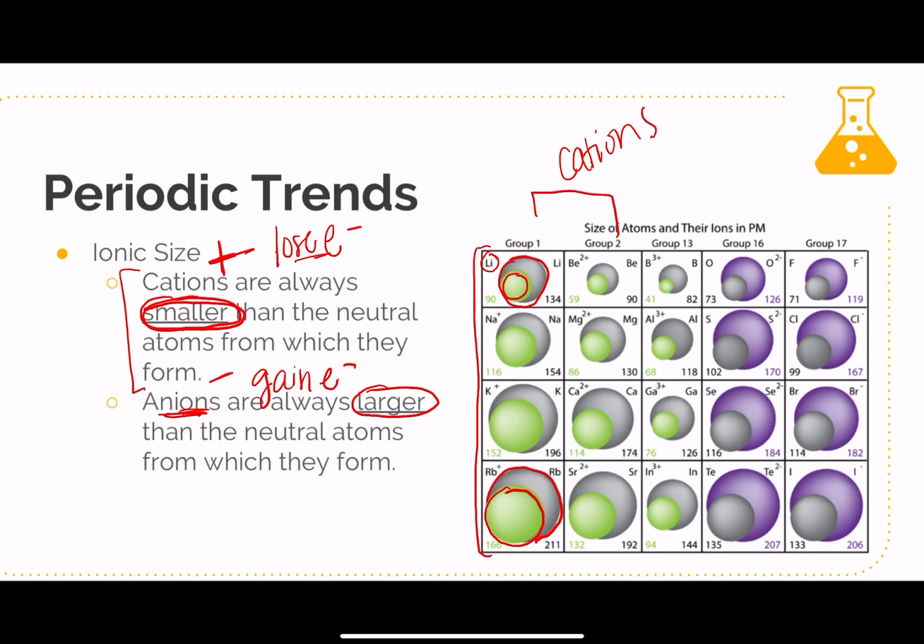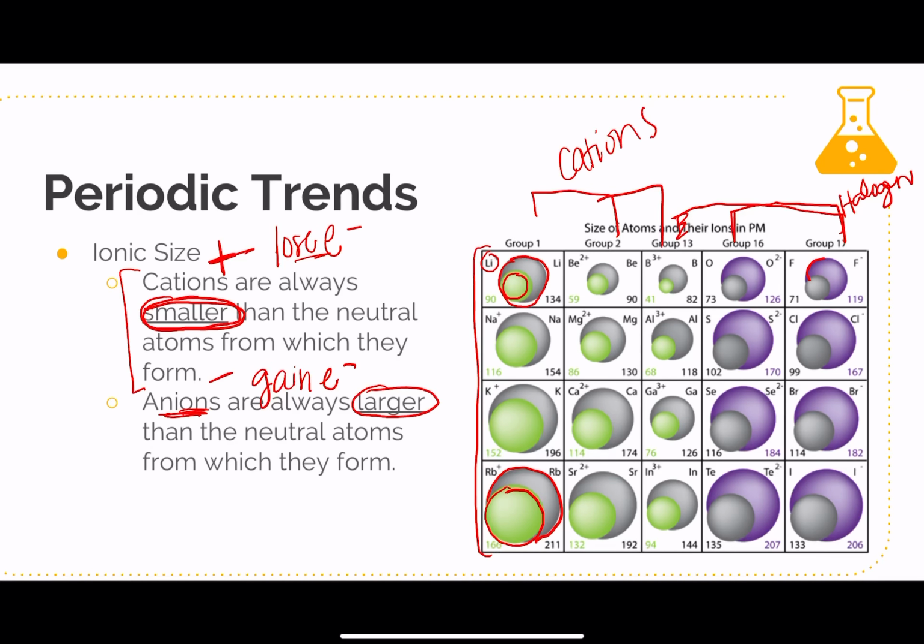All right? If we move over here on our modified periodic table to group 16 or 17, 13, sorry, that should be with the cations. To group 16 or 17, okay, these are our halogens in group 17. So anions are always larger than the neutral atoms from which they form.